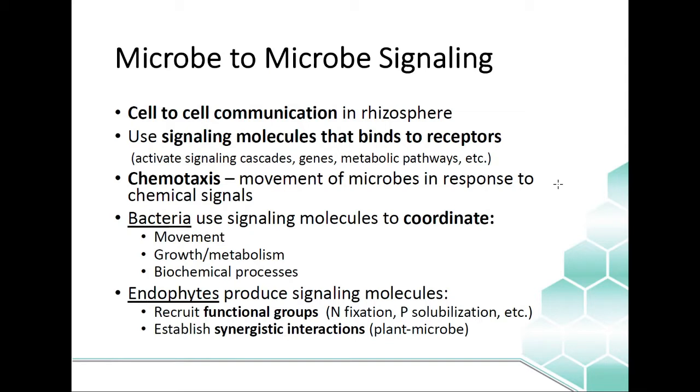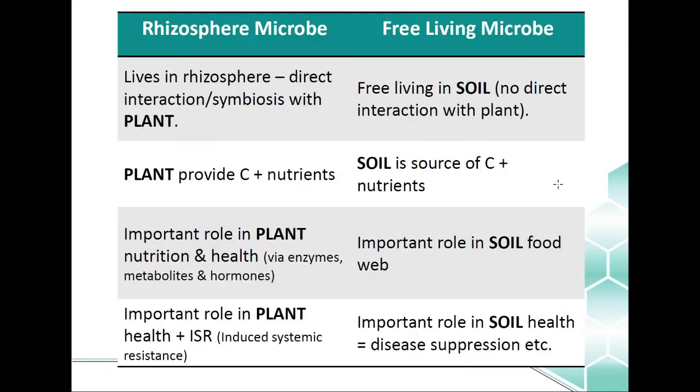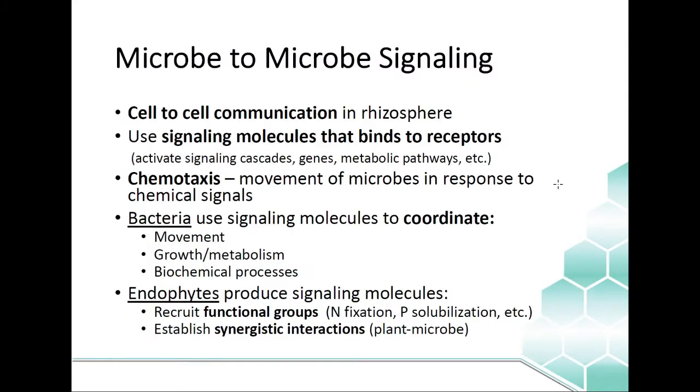They also use these signaling molecules to attract microbes for a specific function. For example, we call it chemotaxis. Chemotaxis is just a chemical signal that is sent out to get microbes to move into a specific area and perform a specific function. Bacteria use these signaling molecules to coordinate their movement.